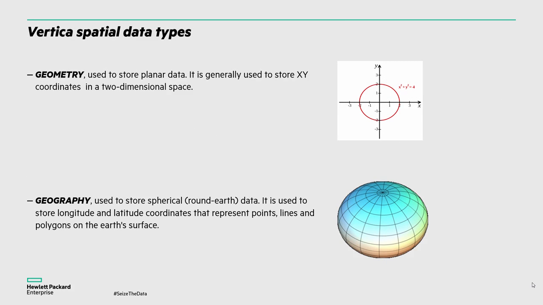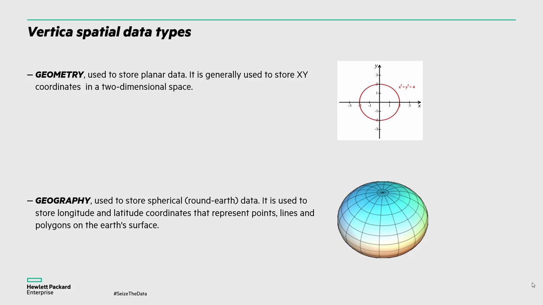Vertica supports two spatial data types: geometry and geography. What's the difference? In short, geometry is used to store planar data, and geography is used to store spherical data. In the slides, I showed two coordinate systems.